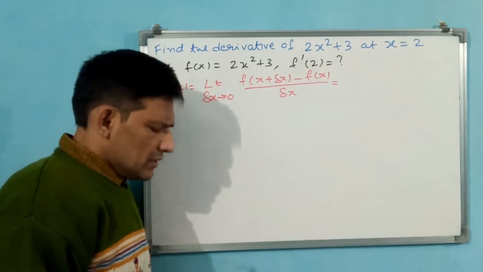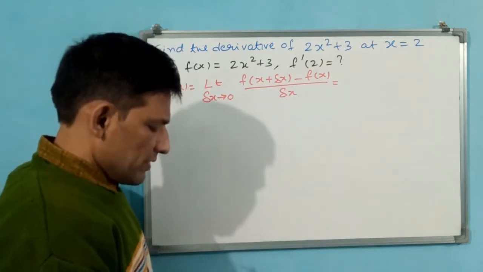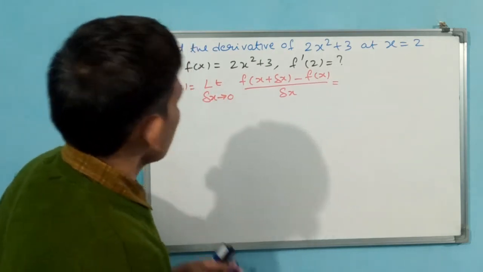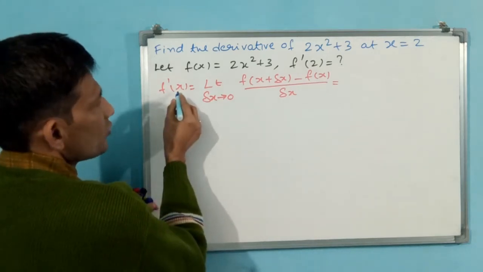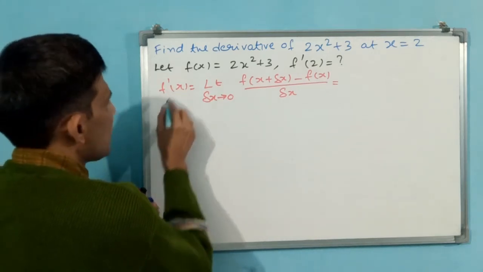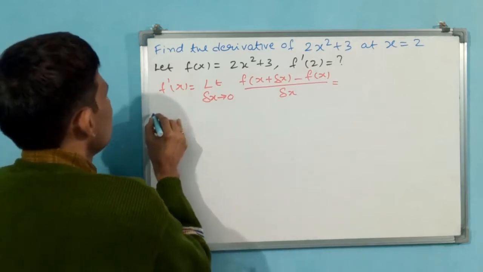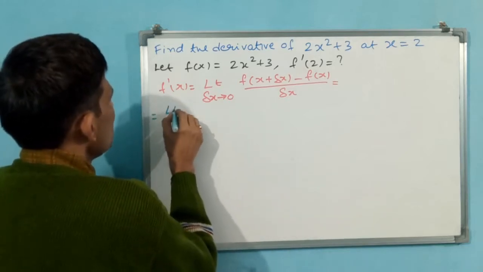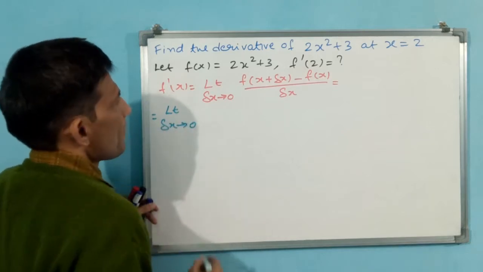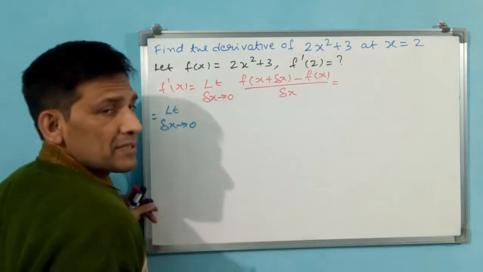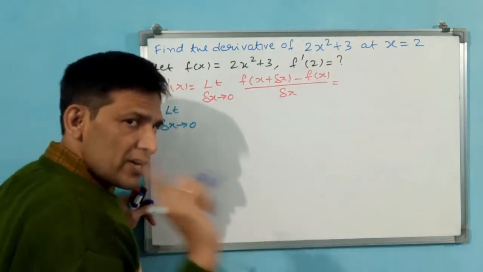Okay, let us do it. You observe carefully. That is equal to f dash x. Finally we will write again f dash x, that is equal to limit delta x tends to 0. See, f of x plus delta x means where x is there, there only you have to write x plus delta x.